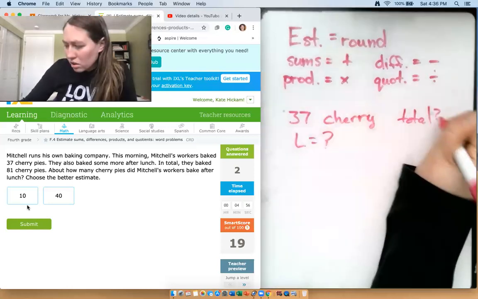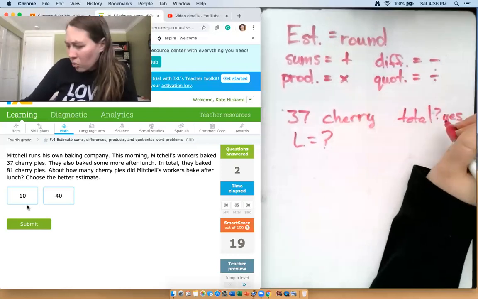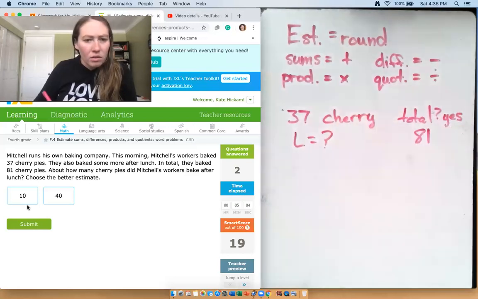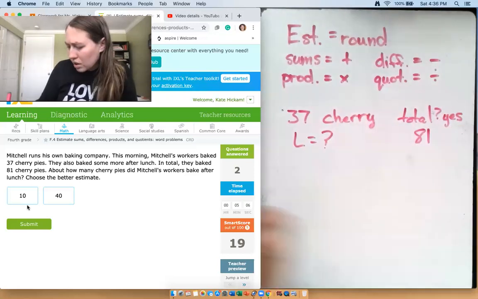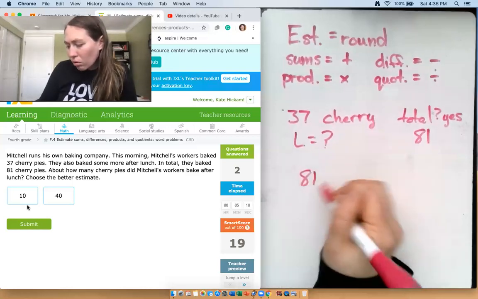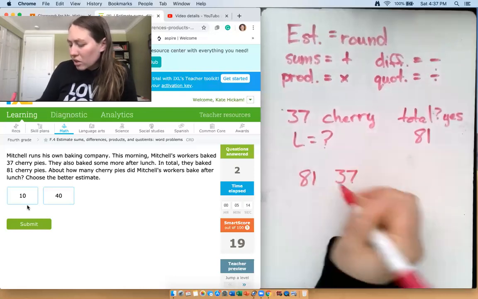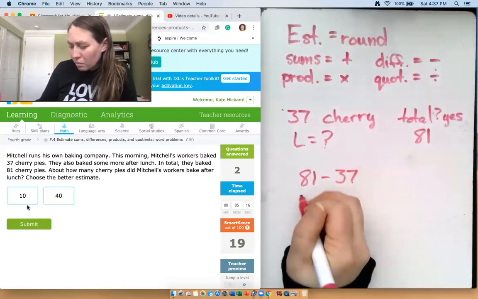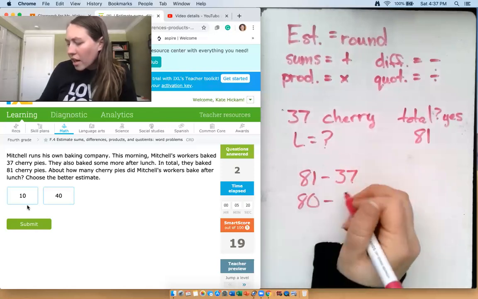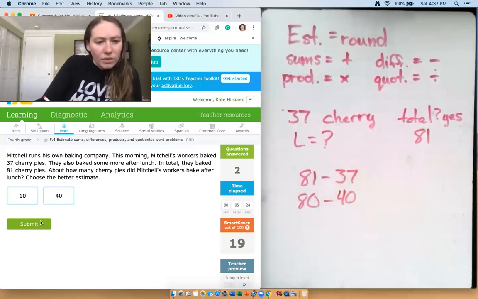They baked, total, yes, 81 pies. Okay, well, 81 pies is what they ended with total. They started the day with 37, so it would be 81 minus 37, or 80, because I'm rounding, minus 37 rounds up to 40. 80 minus 40 equals 40.